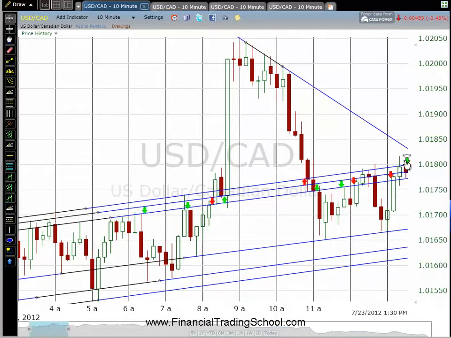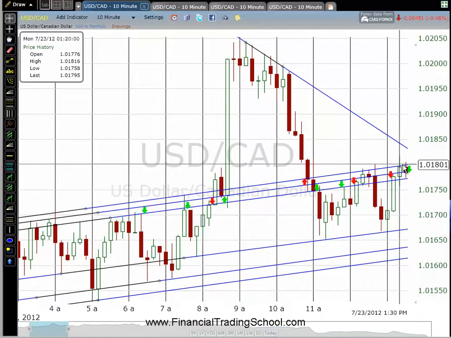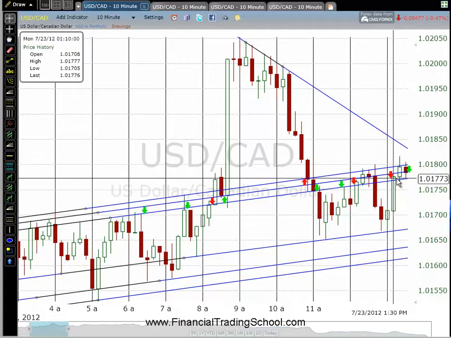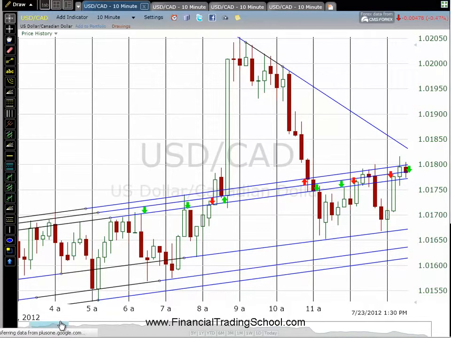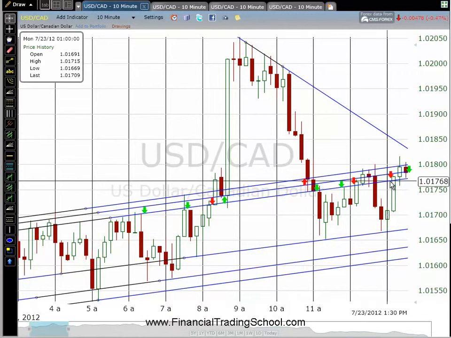You would like a pullback actually, so let's just say we place it at the close, and the close is actually the middle trend line, so that's decent. Otherwise the higher trend line is only, what is the difference? The higher trend line is 8.0, the middle trend line is 8.5, and the lower is 7. So really it's only 1.5 pips difference between them, so it's not that big of a deal. But if you get in here, that's a loss.